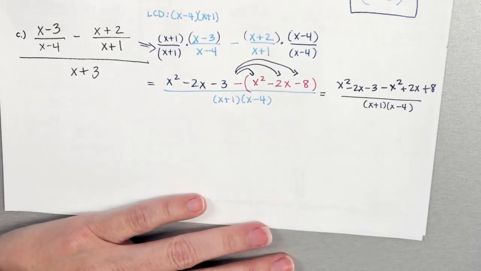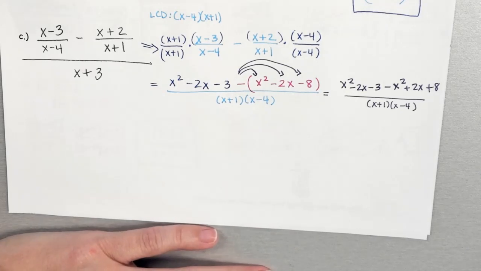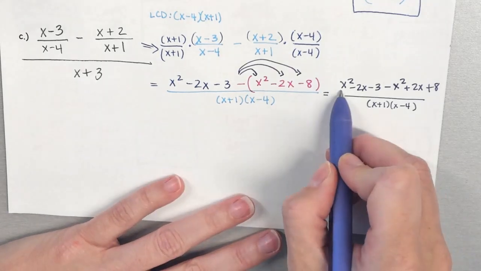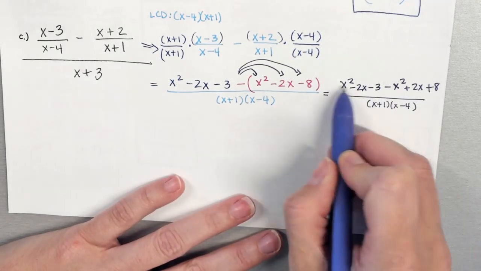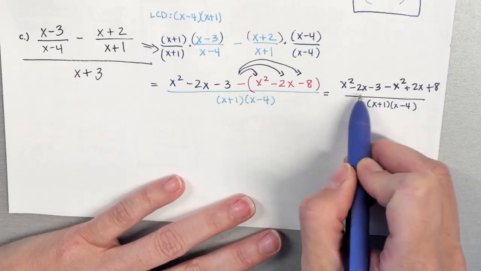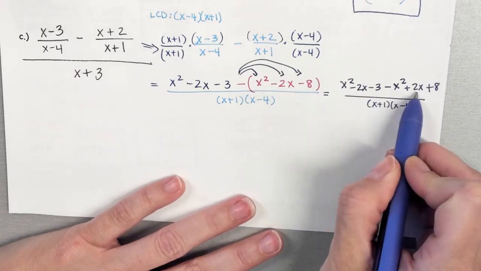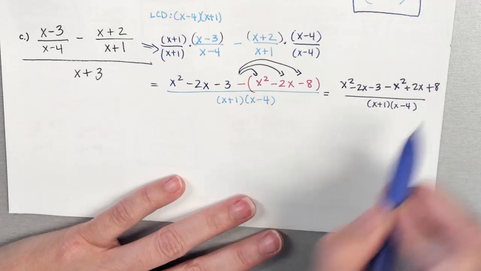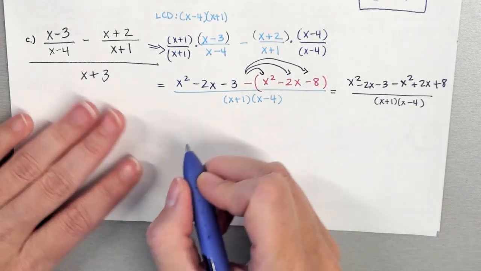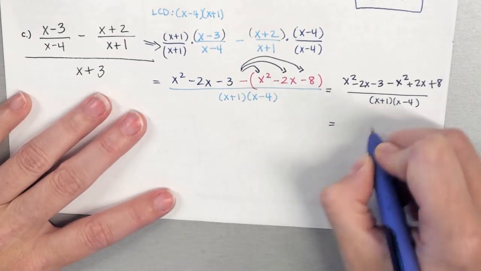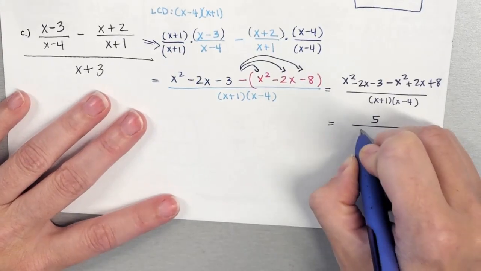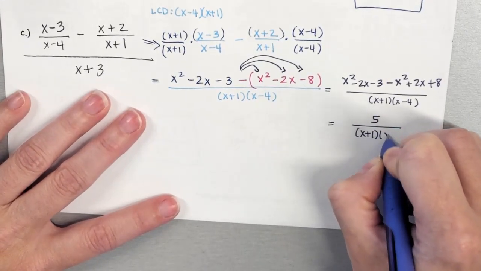Okay, and then now we can combine our like terms. So if we combine our like terms, you have negative x squared and a positive x squared. So those are going to cancel. Negative 2x and 2x, those are going to cancel. And then negative 3 and 8 makes 5. Okay, so that's going to simplify to 5 over x plus 1, x minus 4.